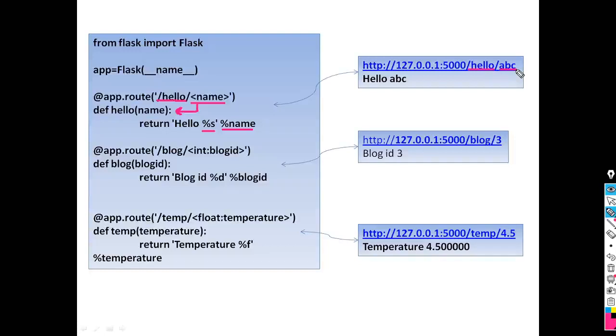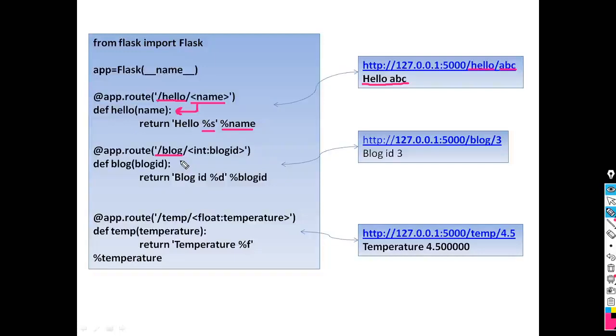Instead of the name variable, it will give you ABC. So the output would be hello ABC. So we can pass a string here. Then next, how can we pass an integer dynamically to the URL? Another URL is there, that is /blog. Look here, the /blog URL is there, and we are going to pass a blog ID. So what is the data type of blog ID?